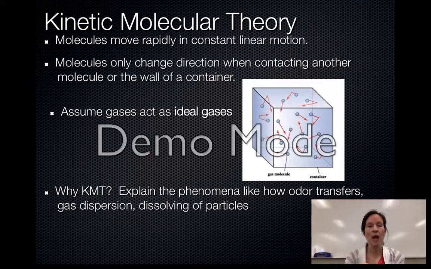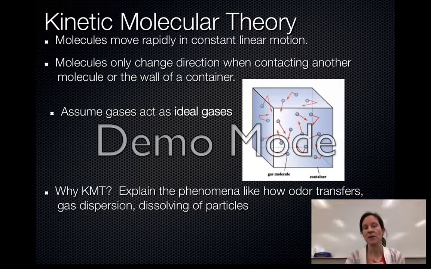KMT explains why when you open up a bottle of something like perfume, the odor eventually gets to you, right? The gas molecules are in constant random linear motion. They're changing direction when they hit things, but essentially they're going to eventually get to your nose. They also explain why if you put dye into water, eventually that dye will completely disperse evenly throughout the substance, even if you don't mix it.